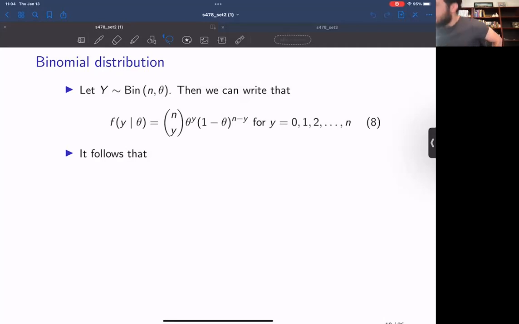All right, so as I had mentioned before, the first example is just a reminder of what it means for a random variable to belong to the exponential family, and how we can break that down into its different components. So we want to show that a binomial random variable with density given in equation 8 belongs to the exponential family of distributions.